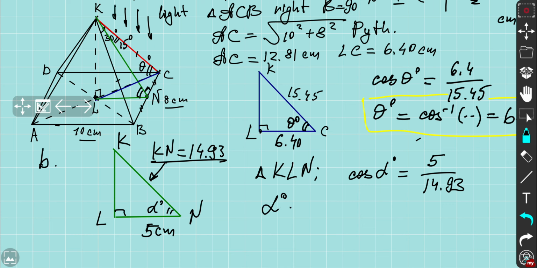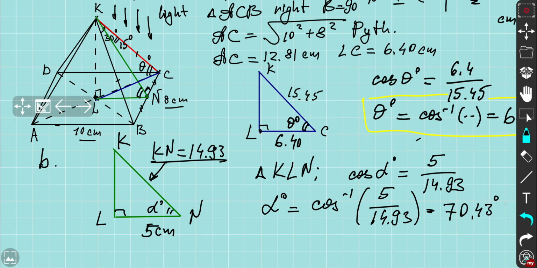So angle alpha itself is going to be cos minus 1 of 5 over 14.93. That will give you the value 70.43 degrees. Okay, so we figured out the second part of the problem.